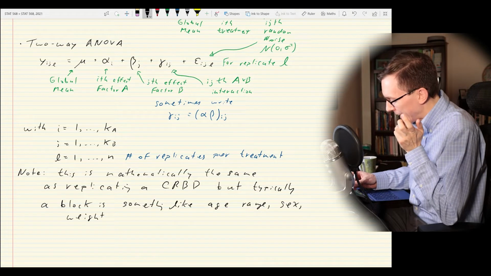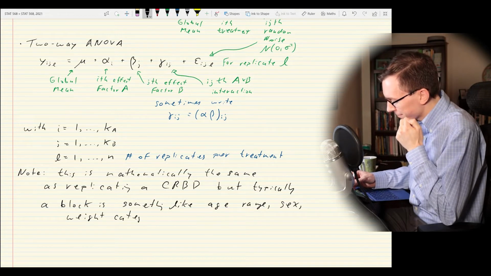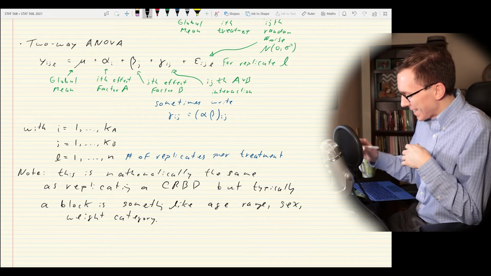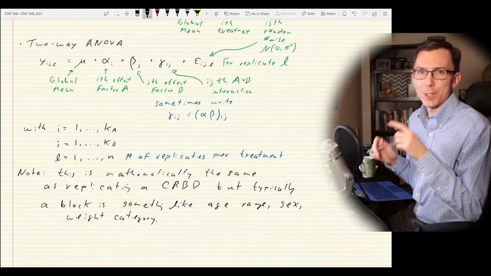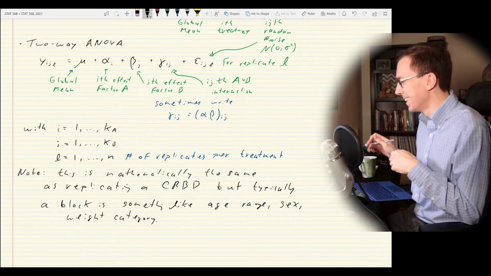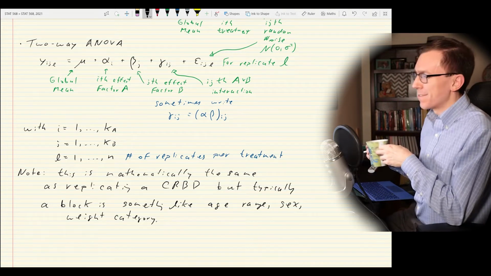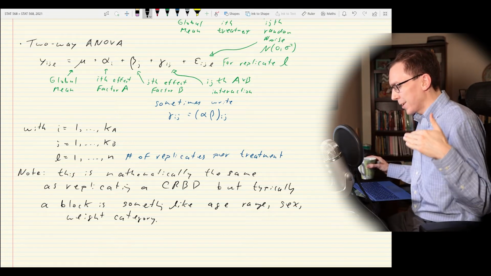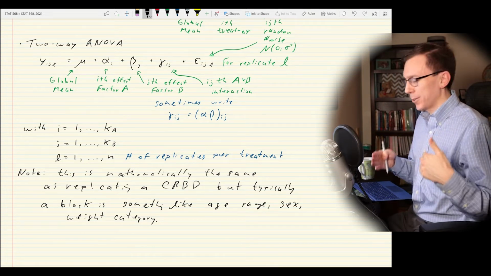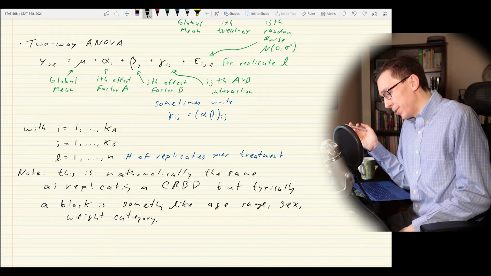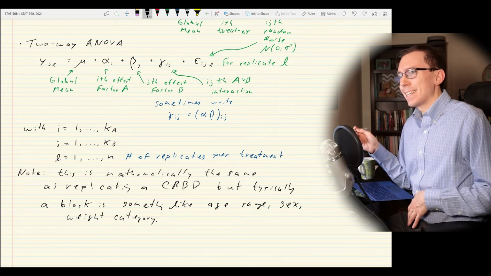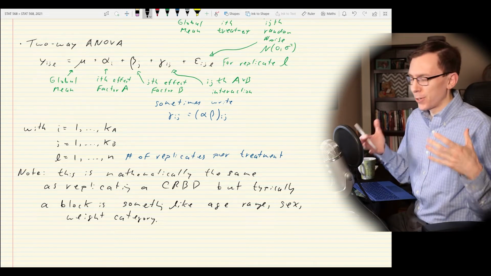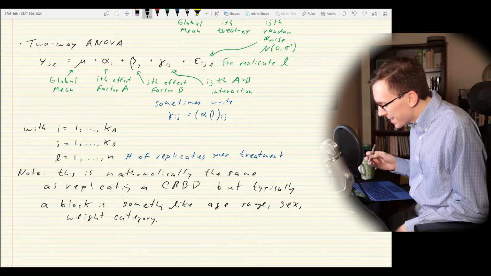It would have to be a weight category, because you could use a person's actual weight as a covariate, and we'll talk about that when we do ANCOVA, which is analysis of variance with covariates. But any sort of categorical or ordinal categorical variable that typically is not something that we're testing or applying to the subject, but something that's just already there, would be our blocks.